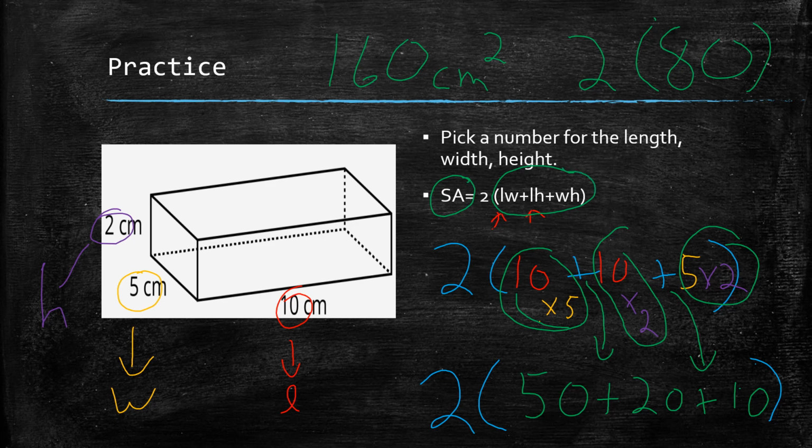If you had multiplied 3, we would have cubed it, but because you're only multiplying 2 measurements at a time, it is going to stay as an area. So your final answer is 160 centimeters squared. What that means is if I were to unfold this into all the rectangles, the area of each rectangle added together would make 160.